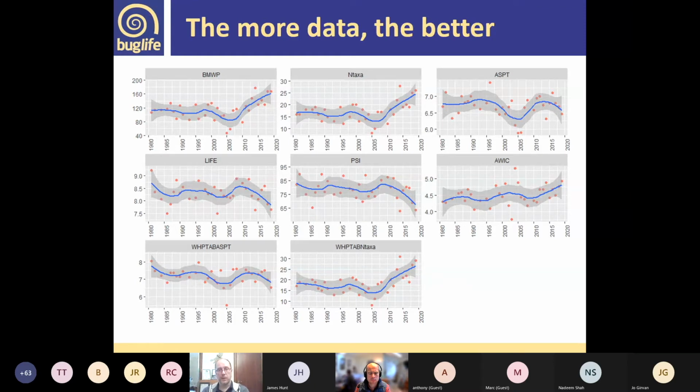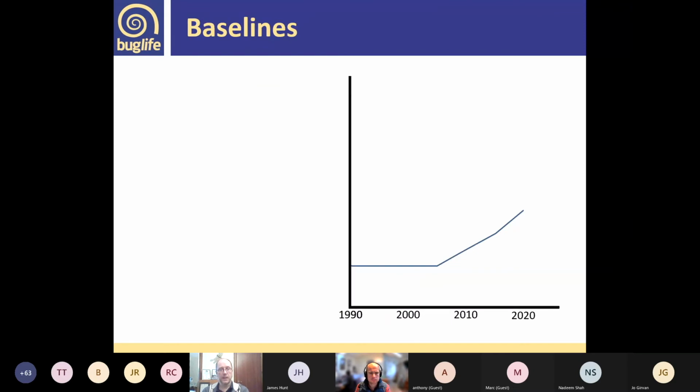One thing to bear in mind when you're looking at long data sets is that the baseline is key. If we look at a schematic of that BMWP trend that we saw in the Spey, and if we were to set the baseline at 1990, we would say, well, the BMWP has increased and it's getting much better.